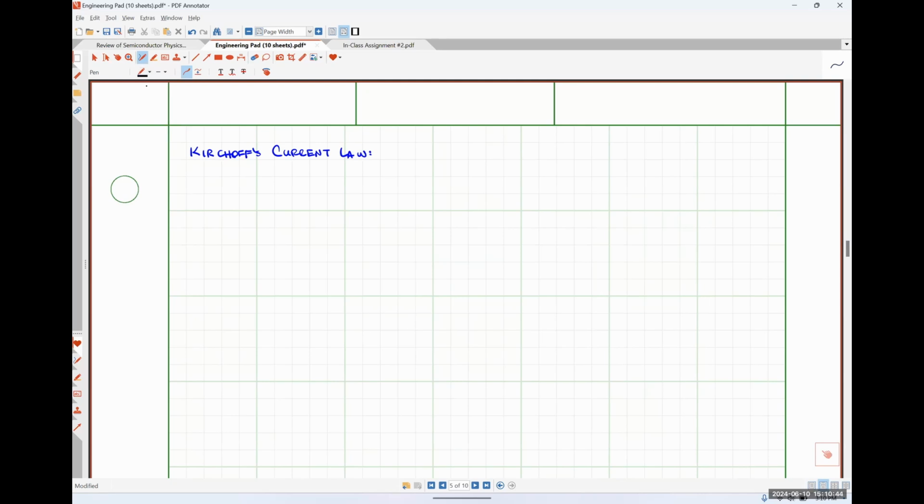Okay, so Kirchhoff's current law. Kirchhoff's current law states that the algebraic sum of all currents entering or exiting a node must equal 0.